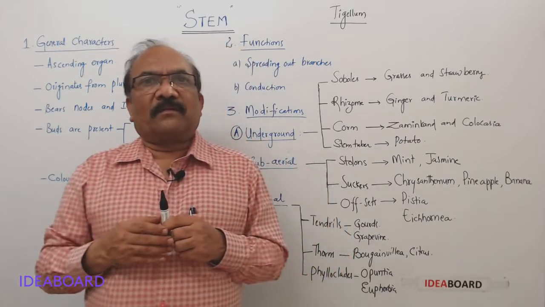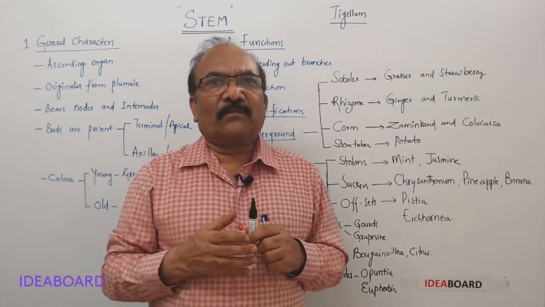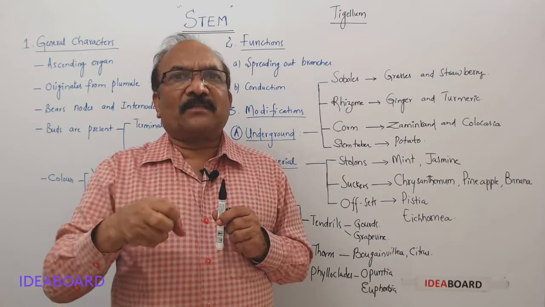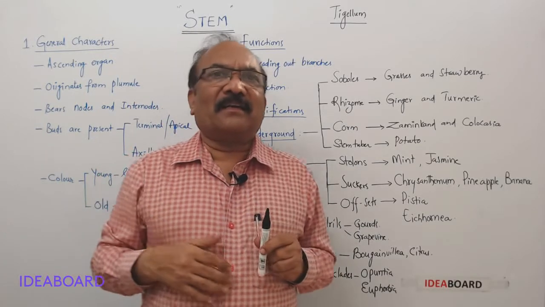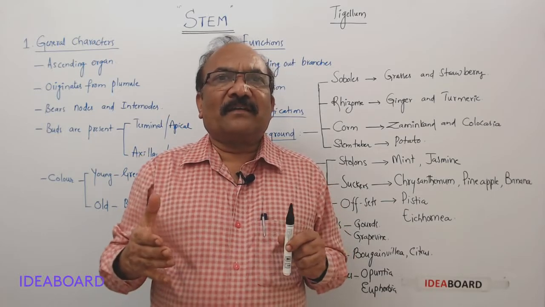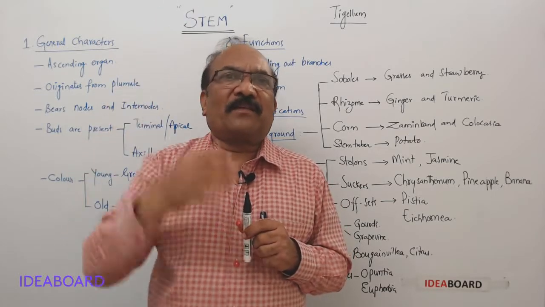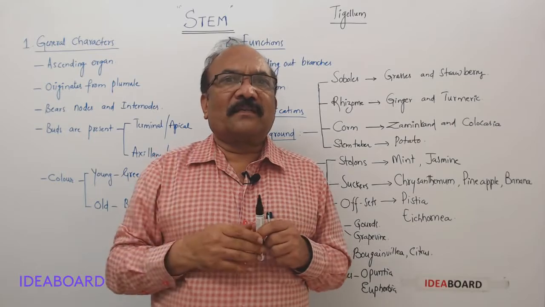And of course, we know this fact that the root system will grow downwards, so that is a descending organ, while the stem will grow in upward direction, so it is an ascending organ.